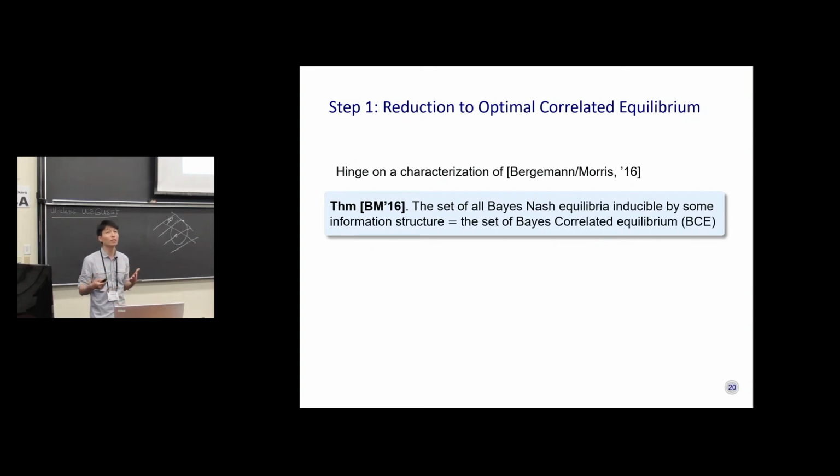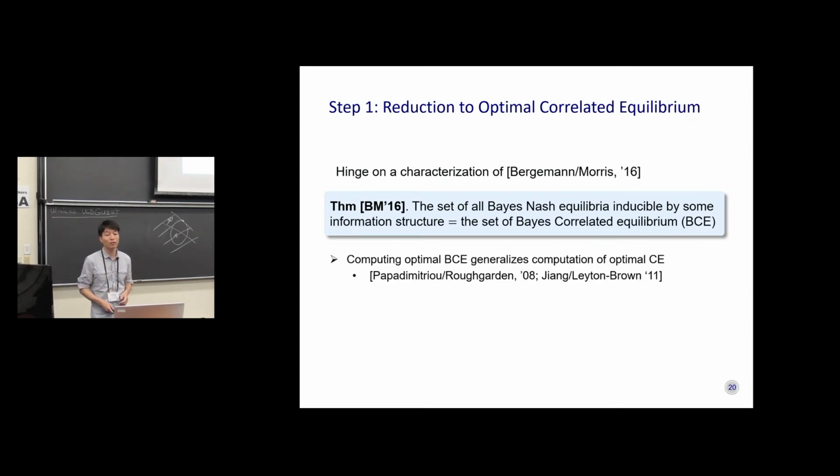With this result, we can simply focus on optimizing the Bayes correlated equilibria. But this doesn't dramatically change the complexity of the problem, because it's well known that optimizing correlated equilibria is a very difficult problem, as studied previously in a few seminal works.